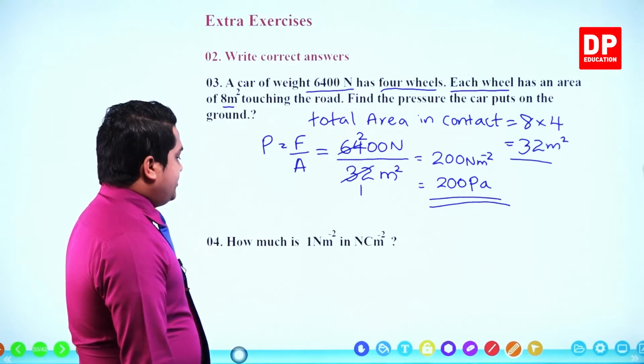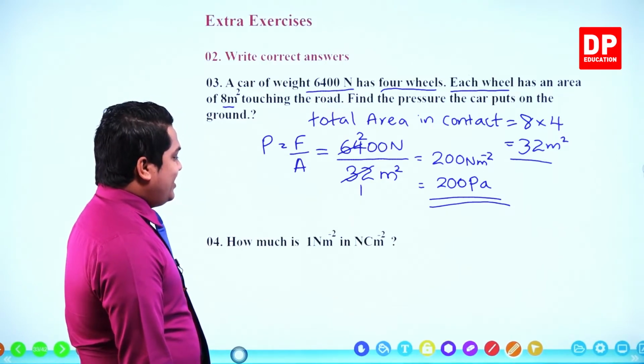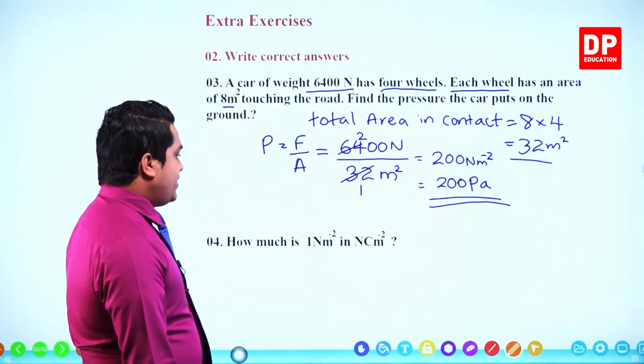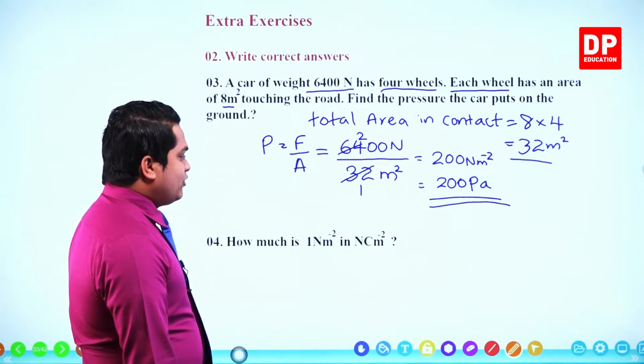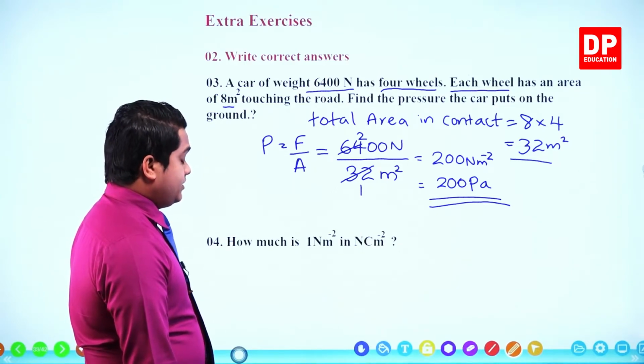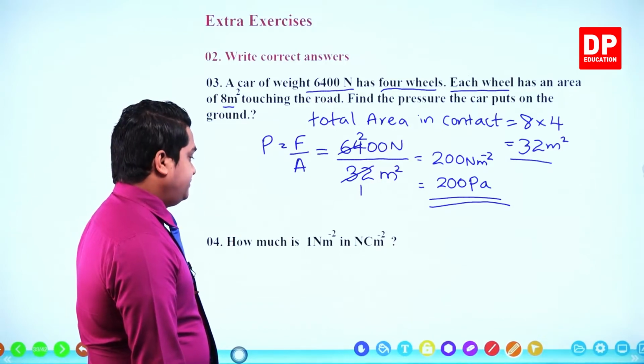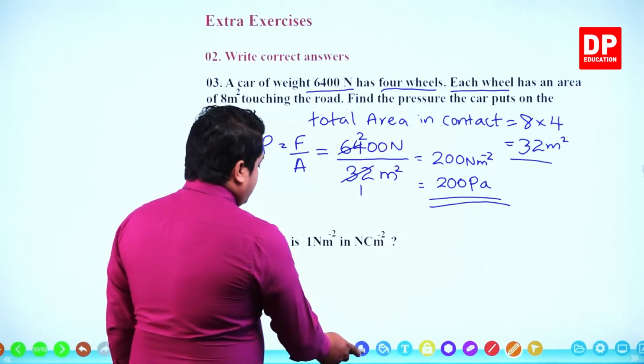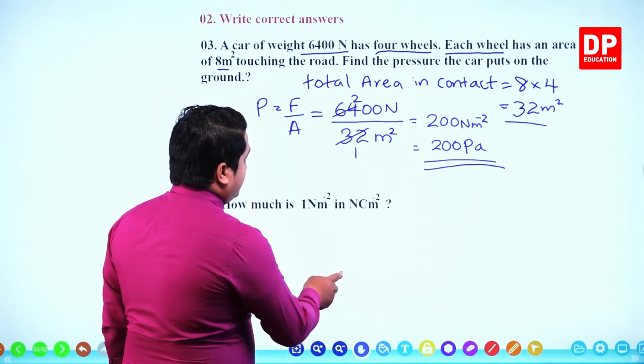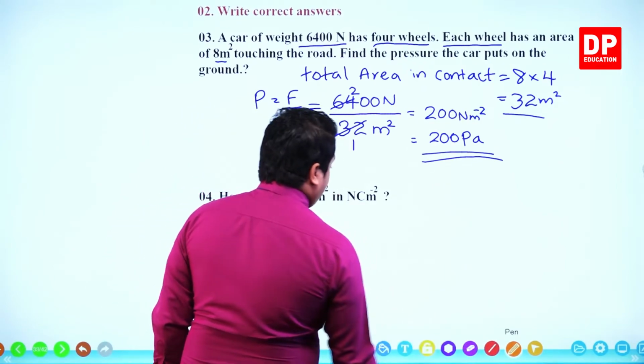Then the next question: how much is 1 newton per square meter in newtons per square centimeter? Let's see how to calculate this one.